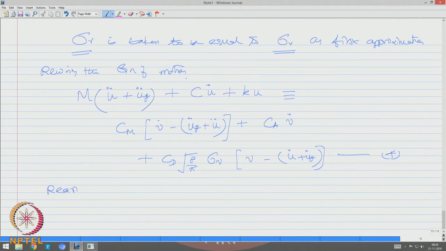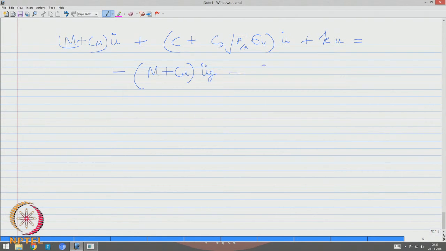Again rearranging, m plus C m of u double dot plus C plus C d root 8 by pi sigma v u dot plus k into u is now equal to minus m C m u double dot g minus C d root 8 by pi sigma v u dot g plus C m plus C a v dot plus C d root 8 by pi sigma v v.